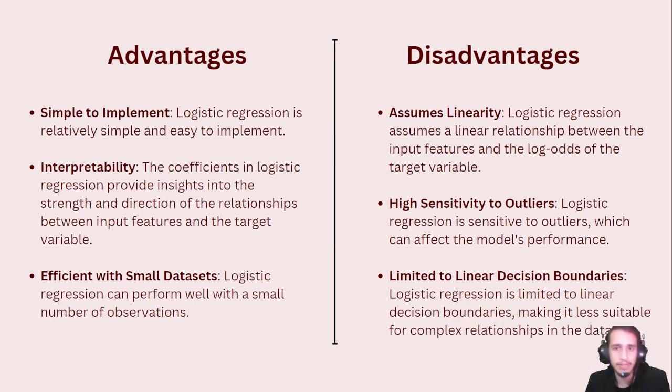So there it fails. It's also very sensitive to outliers. If you have not cleaned the data and outliers are there in your data, then your model will fail. And last but not least, it is limited to a linear decision boundary.